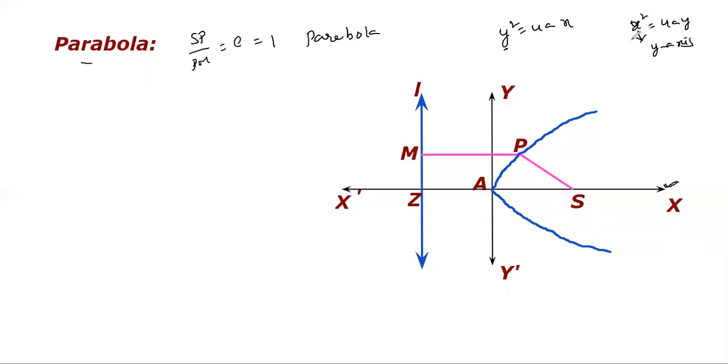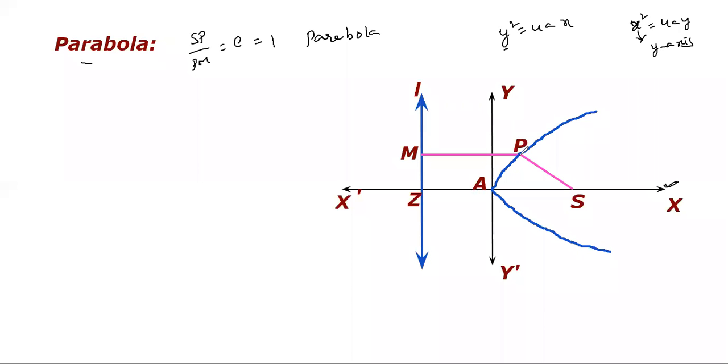It depends on the x and y. Here this is a point on the locus and this is a focus. This is the vertex of the parabola, and this is the image of focus. Z is the image of focus.